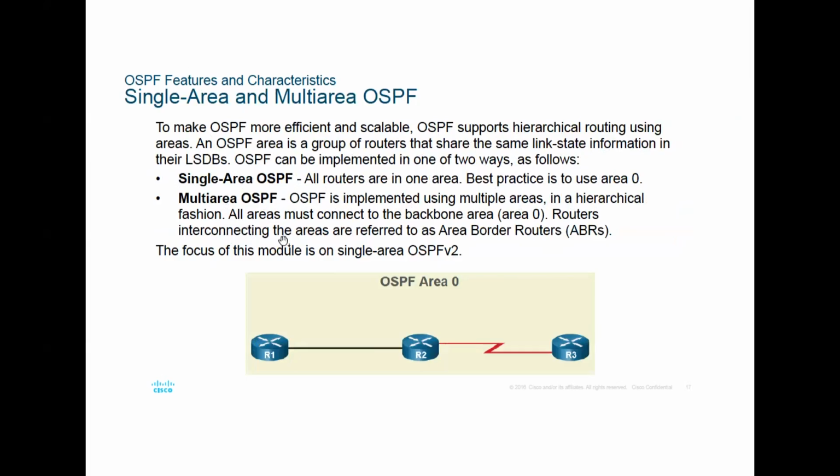Routers interconnecting the areas are referred to as area border routers, or ABR. The focus of this module is only single area OSPF version 2. So here is the example, all routers in one area. Okay, so we're using area 0.